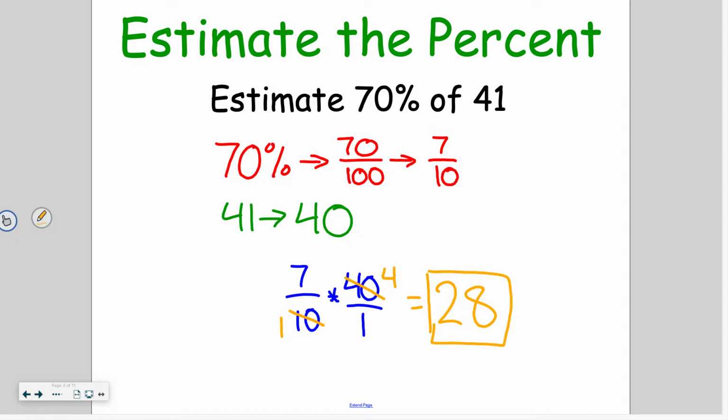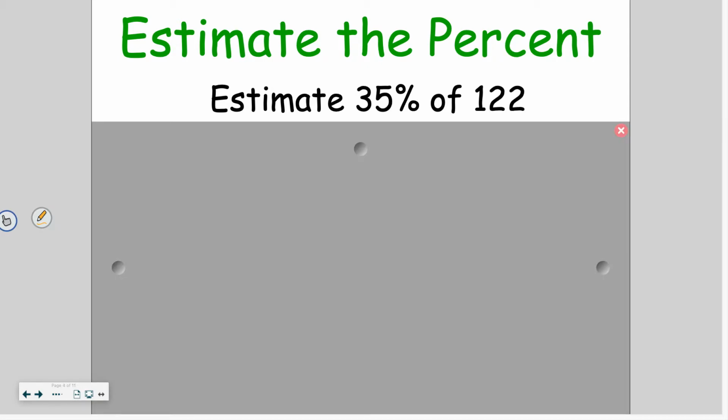Your answer should always turn out here to be a whole number. If it does not turn out to be a whole number, that means we had some sort of estimating error. Go ahead and try this one on your own.